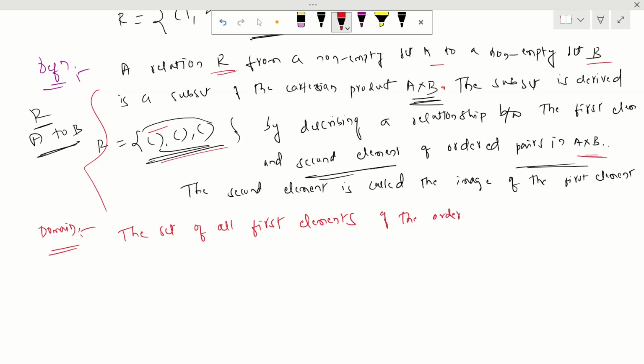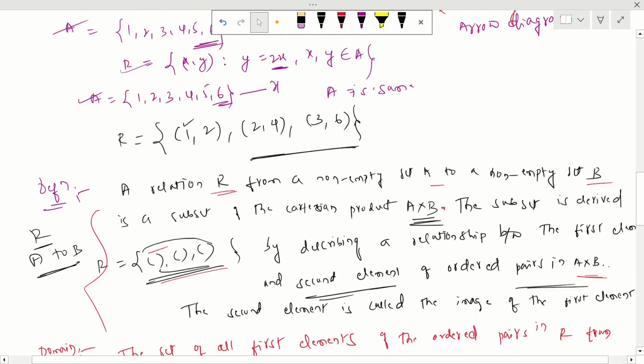Ordered pairs means the pairs which are matching to B, the ordered pairs in a relation from set A to B.